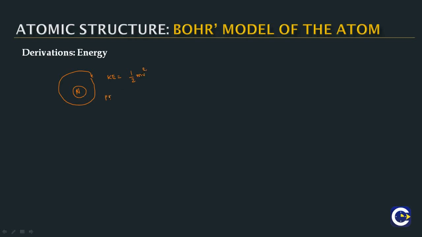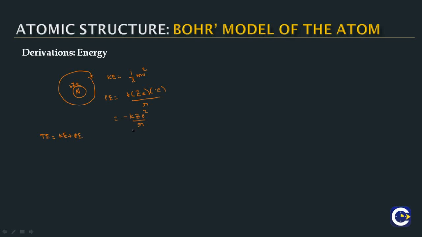As we saw in the case of a two charge system, the nucleus is a positive charge and the electron is a negative charge, so potential energy will be equal to k q1 q2 by r, which is equal to minus kze square by r. So the total energy of the electron will be kinetic energy plus potential energy.